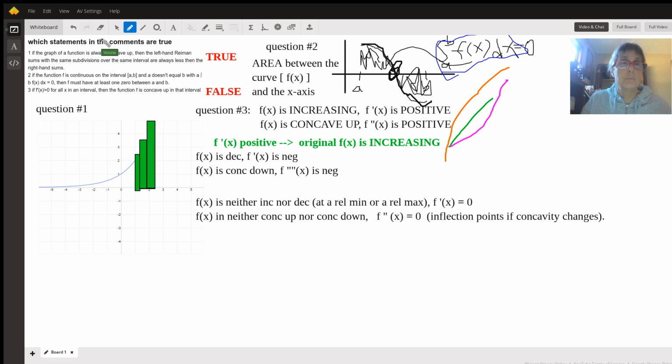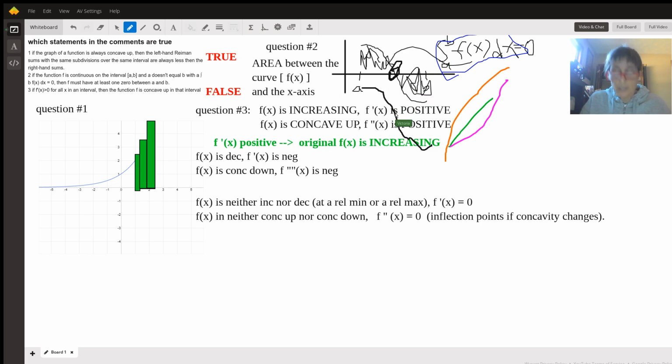Now, if I would move this up, this integral wouldn't equal 0 because all the area between my curve and the x-axis is positive. And if I move it down, all the area between this curve and the x-axis between a and b is negative.